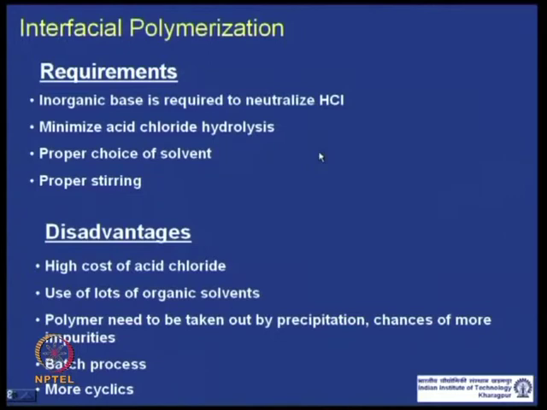So, this reaction is kinetically controlled. The chances of forming cyclics are much more, because cyclics are not reacting with the byproduct and forming the linear product once again, which means once cyclics form, they will remain in the final product. So, chances of having more cyclics are higher in this interfacial polymerization.